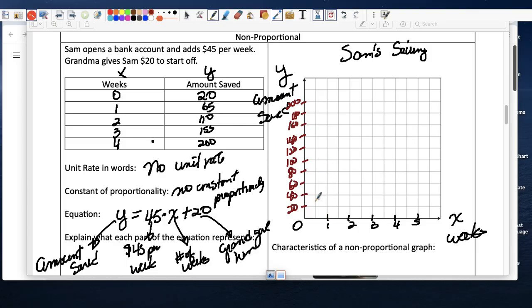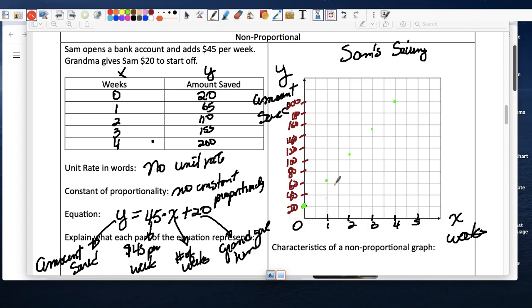At 0 weeks, he already starts with 20 bucks. Is it going through the origin? No. So what does that mean? Not proportional. 1 week he's going to have 65, which is about here. 2 weeks, 110. 3 weeks, 155. And 4 weeks he's going to have 200.